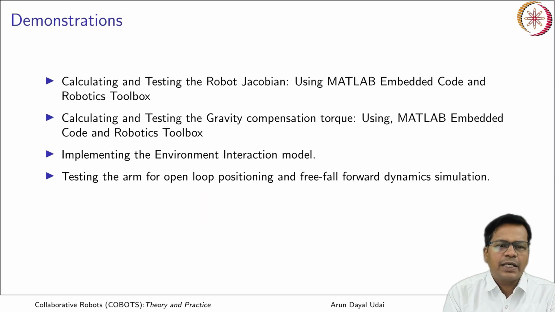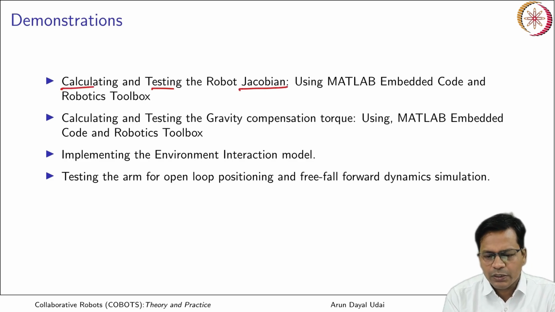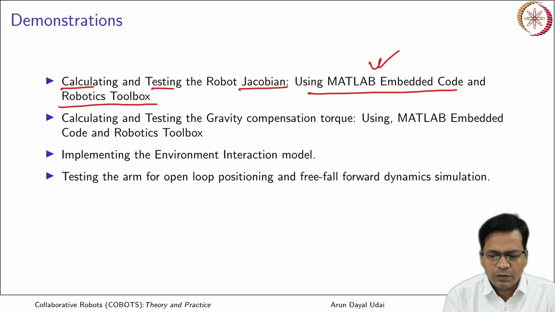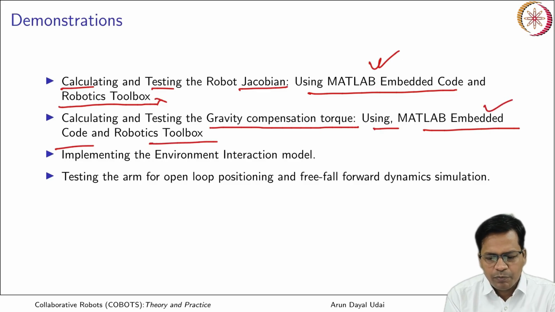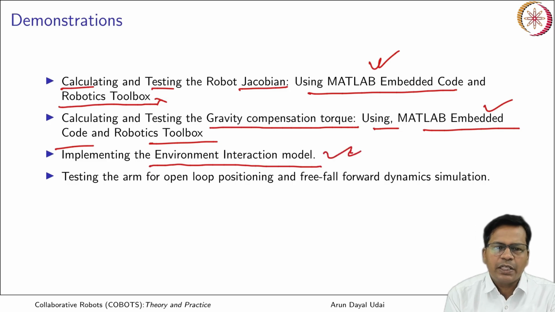So what have I demonstrated now? I have calculated and tested the robot Jacobian using MATLAB embedded code, which is what we will be using, and we also did it using the robotics toolbox, which we won't be using. I calculated and tested the gravity compensation torque using MATLAB embedded code and the robotics toolbox. Again, I will be using the embedded code. We have implemented the environment interaction model to do any force calculation and implement any force control algorithm on top of that.